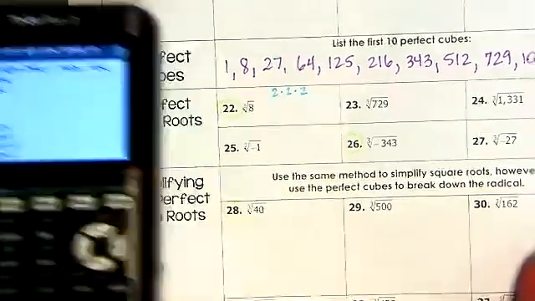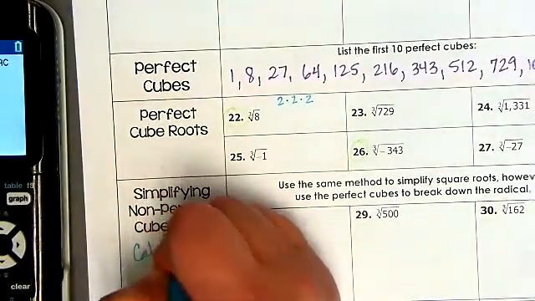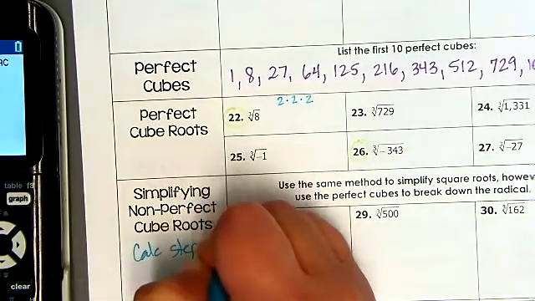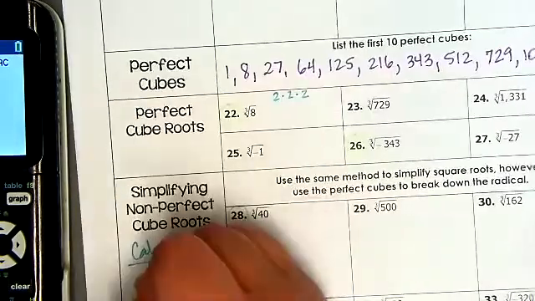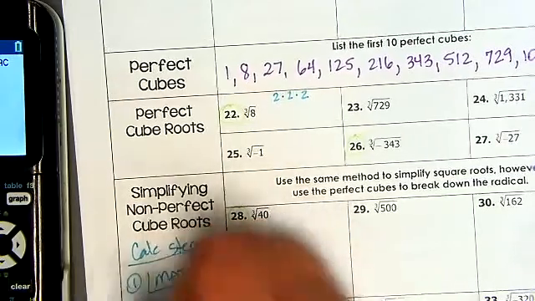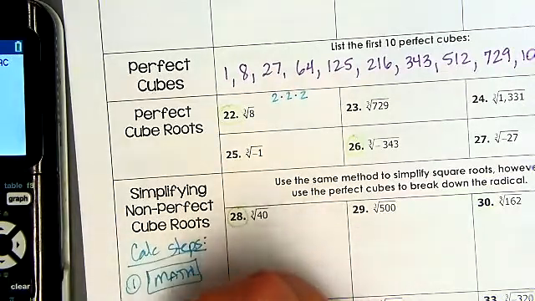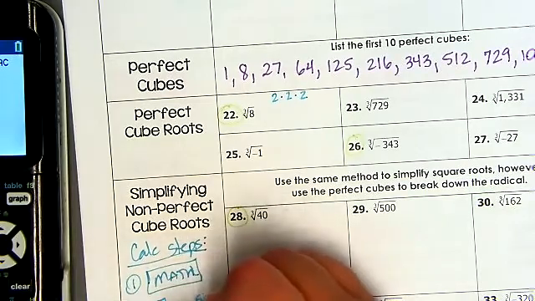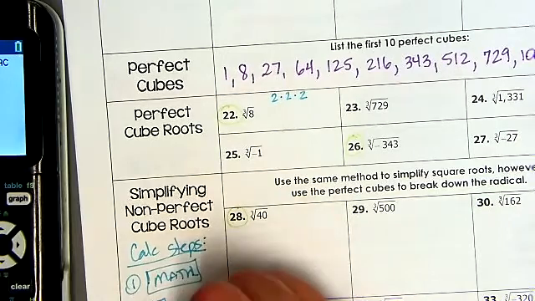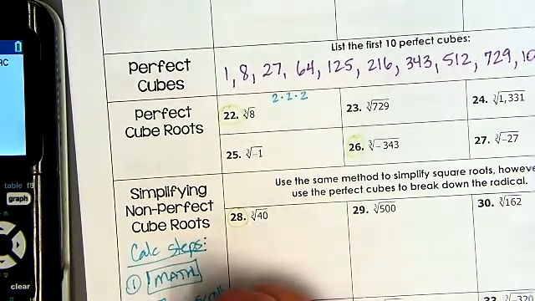Let me write down these steps as we go. Calculator steps. Step 1 is you hit the math button. Step 2 is 4, or scroll to 4 and press enter.